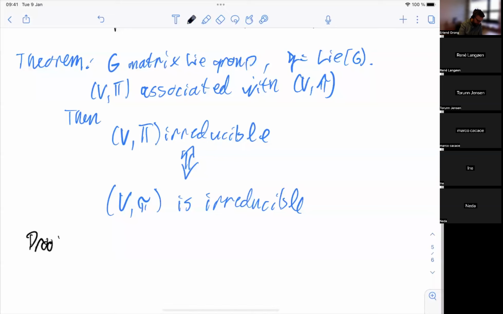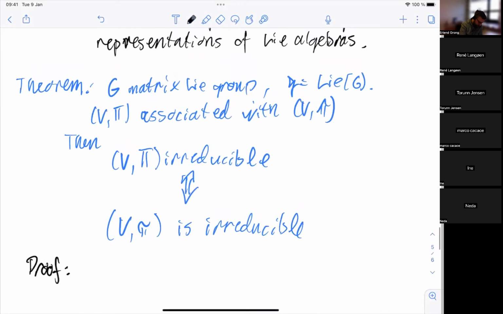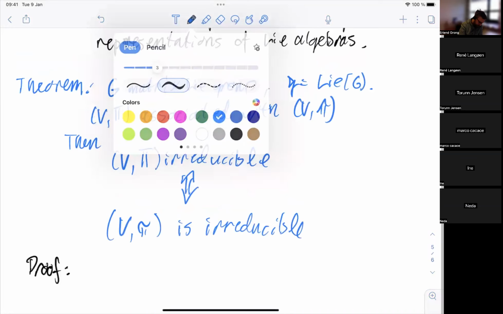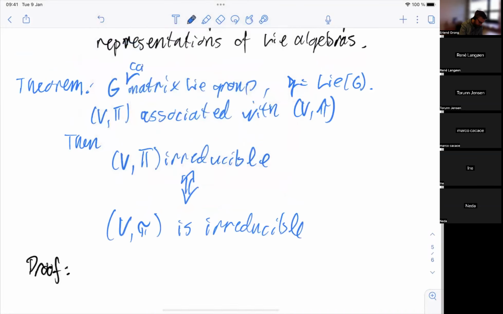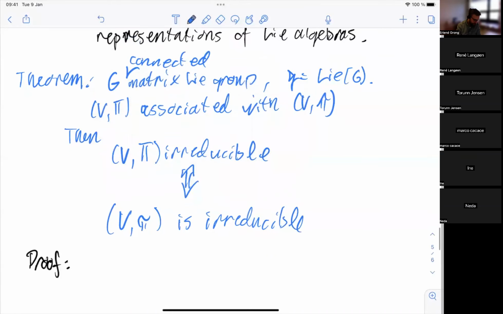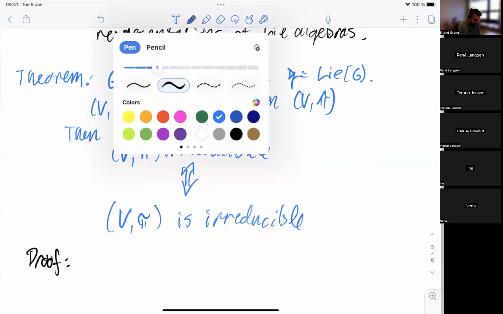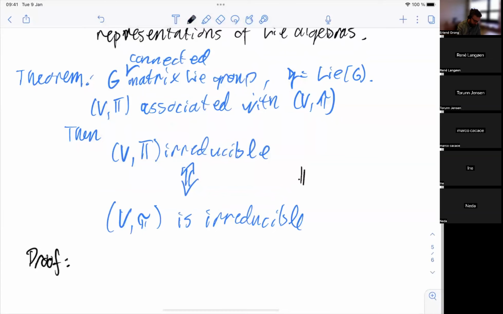So the proof that if one is irreducible, then the other is irreducible, right? Oh, sorry. Thank you, Anna, for this question, because that made me realize that I forgot connected here. That's very important, because otherwise it is not true. Otherwise you can have things that are irreducible just this way if G was not connected.